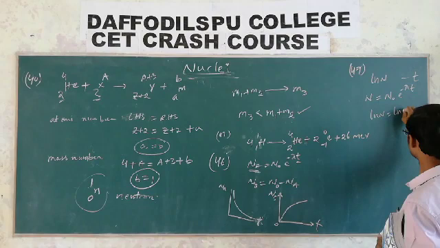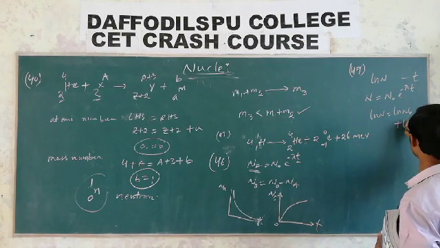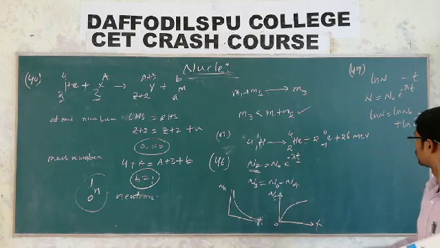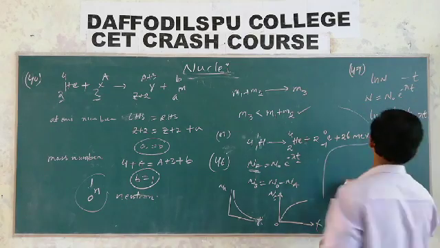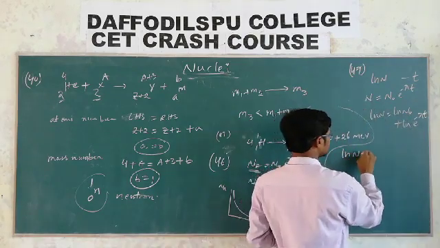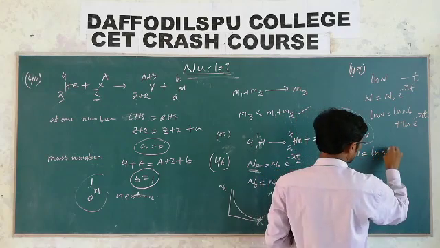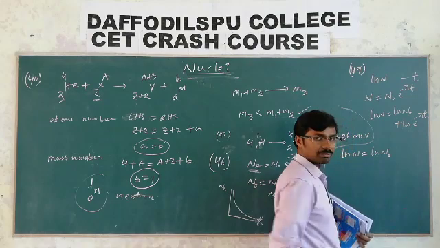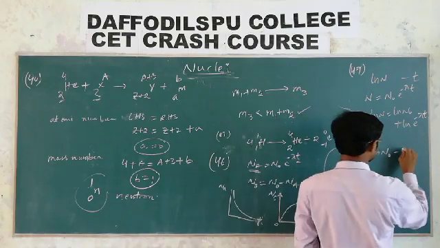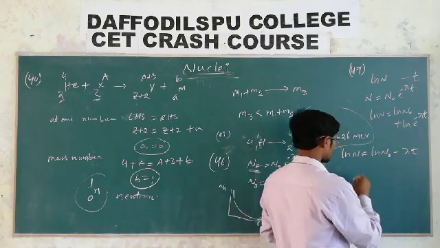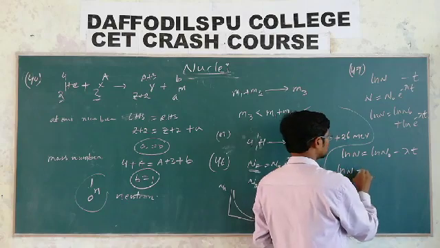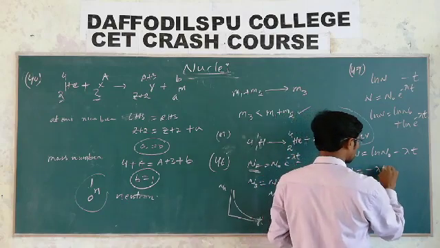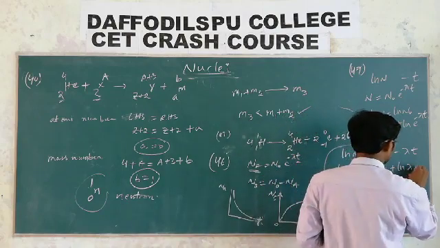Ln N is equal to Ln N0 plus Ln e power minus lambda T. Now separate these terms. Ln N is equal to Ln N0 and Ln of e will be cancelled, leaving minus lambda T. Or we can write Ln N is equal to minus lambda T plus Ln N0.